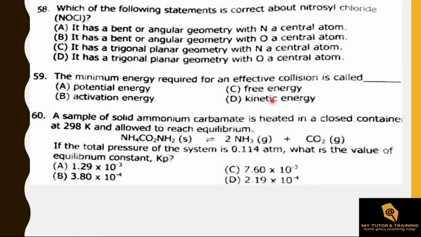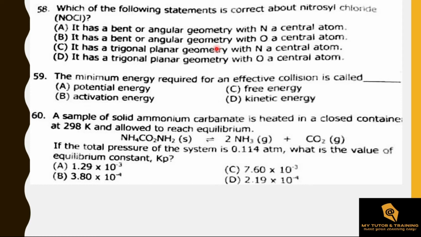And such molecules have a bent or angular structure. So choice A: it has bent or angular geometry with N at the center. Yes, nitrogen is the central atom and the geometry of this molecule is bent. So the correct answer is A.